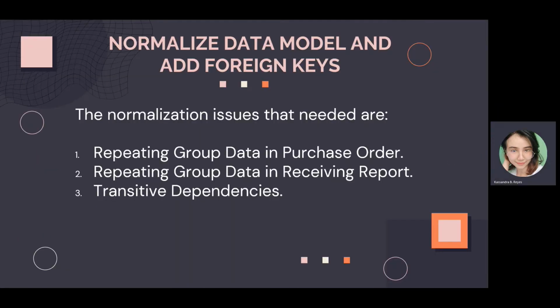Let's now proceed to the fourth phase, which is to normalize the data model and add foreign keys. In the process of normalization, there are some issues that may arise. And in our problem, these are the issues. First is the repeating group data in the purchase order.